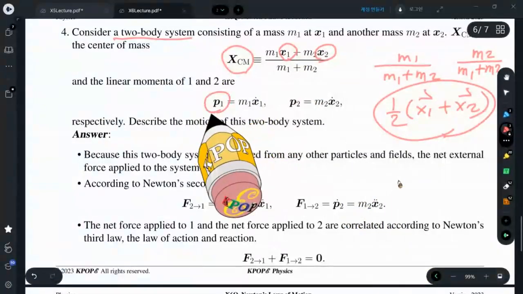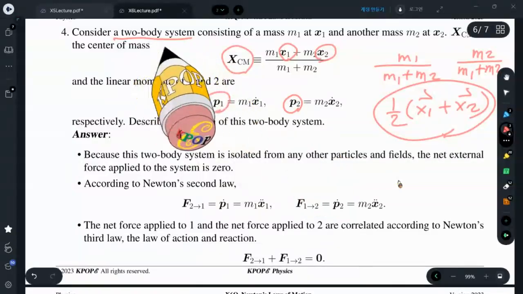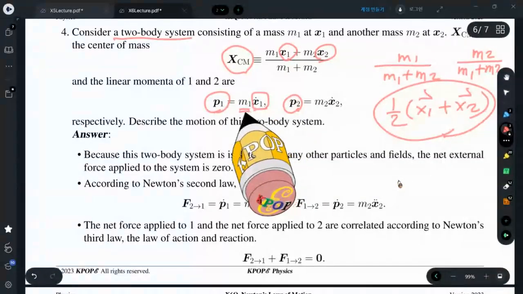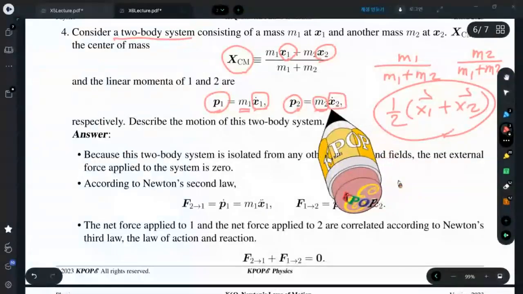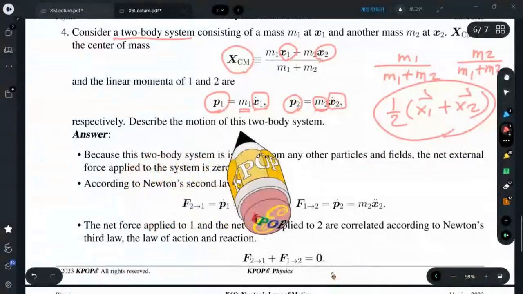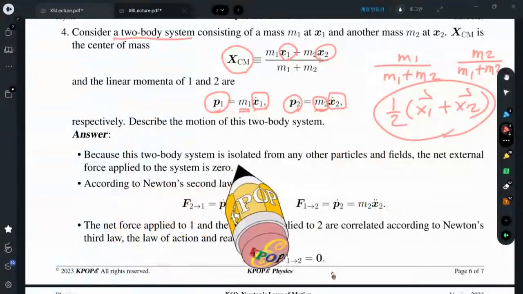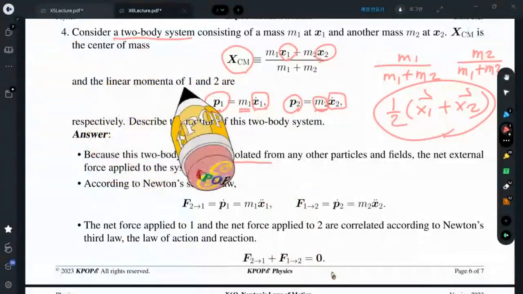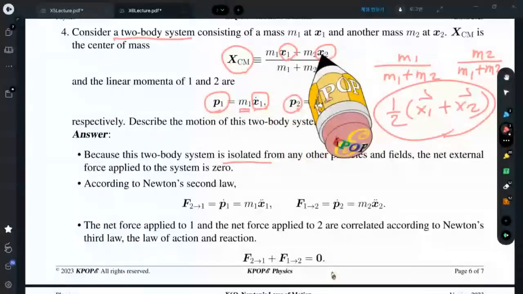We define the linear momentum of each particle by multiplying the velocity by the mass. So mass, velocity. Describe the motion of the two-body system. Because the two-body system is isolated, we do not consider any other forces except for their own interactions.